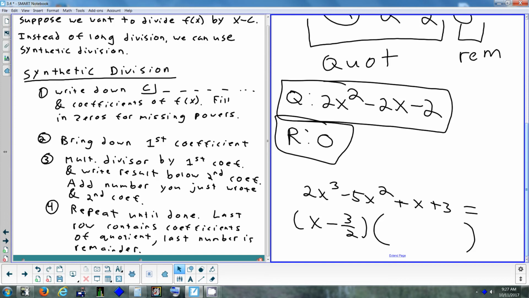The quotient. So the other factor is the quotient. It's what you get when you divide by the thing you already know is a factor. So 2x squared minus 2x minus 2. And now if you could factor that quadratic even further, you could try to do that as well.